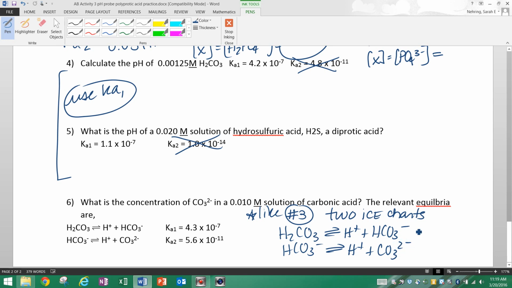So first you solve an ice chart for the first equilibrium using your Ka1, and then you would use the value you determined in that first step to set up another ice chart and use Ka2, and then you should be able to solve for your carbonate in that second equilibrium. So that's an overview of different kinds of calculations you can do with polyprotic acids.